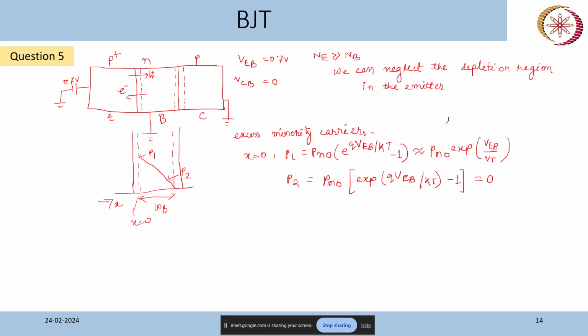And the distribution for excess minority carriers is like this line. It is linear because the effective base width is much smaller than the diffusion length of the holes in the base region. I am writing LB because this will be valid for NPN transistor also. That is why it is a linear distribution, not an exponential decay.